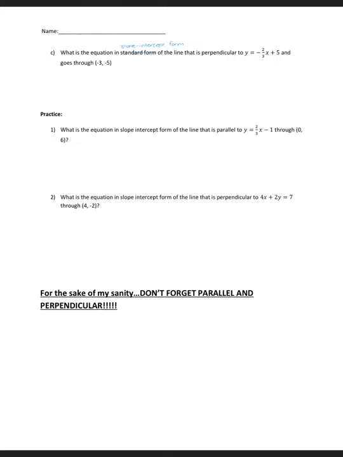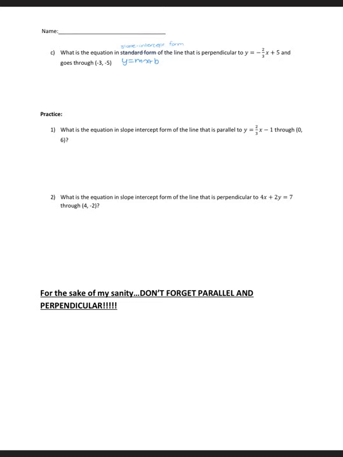Okay, so last one. What is the equation? I went ahead and marked off standard form, and I want to write it in slope-intercept form of a line that is perpendicular to y equals negative 2/3 x plus 5 and goes through the point negative 3, negative 5. Okay, so slope-intercept form, y equals mx plus b.